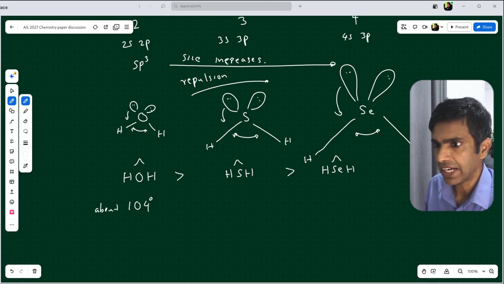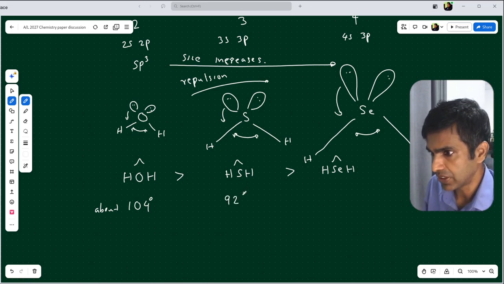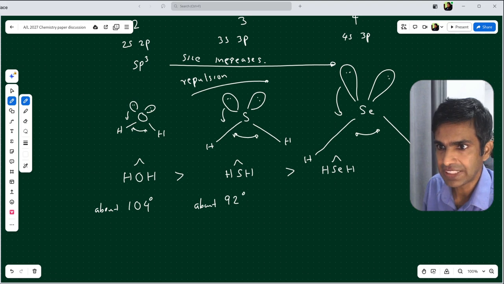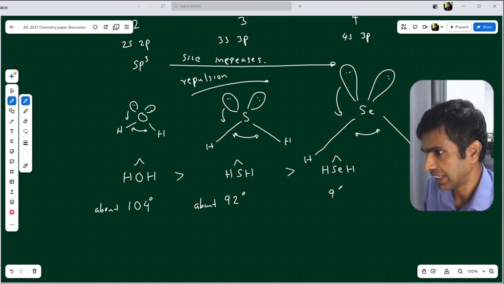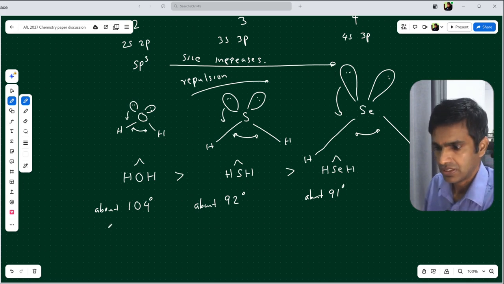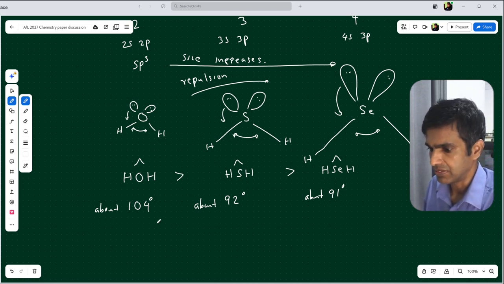Then bond angle in hydrogen sulfide is about 92 degrees. Bond angle of H2Se molecule is about 91 degrees. So it's clear that our logic is correct according to the observations. Then we can move to statement D.